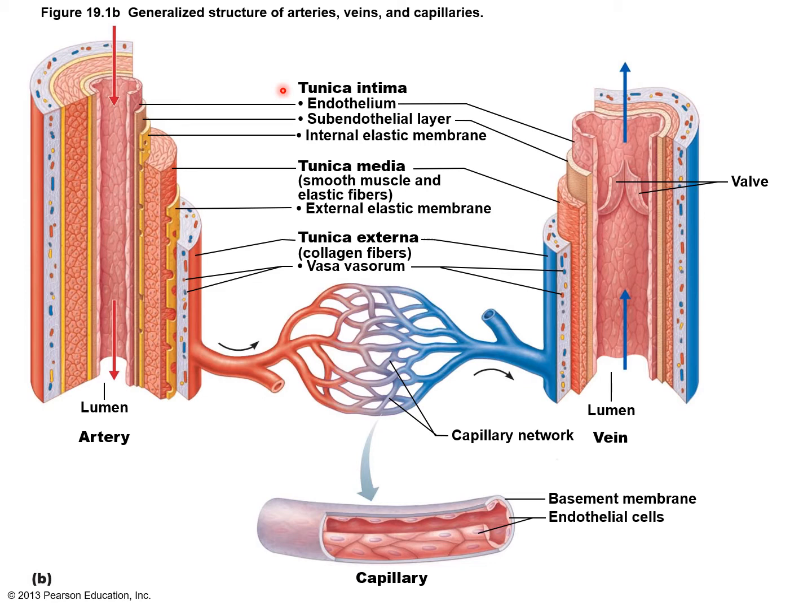And so most vessels have three layers. The deepest layer would be the tunica intima. Then we have a layer in the middle known as the tunica media, and then the most superficial layer we would refer to as the tunica externa.